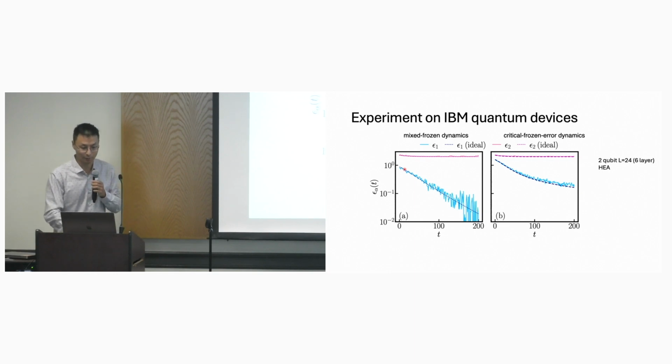So these are just the formulas we can derive directly, and this experimental result agrees with the formula pretty well. You can see a clear exponential versus a constant for the different arrows you have here in the mixed frozen dynamics. And in the critical frozen arrow dynamics, you have a polynomial versus a constant case.